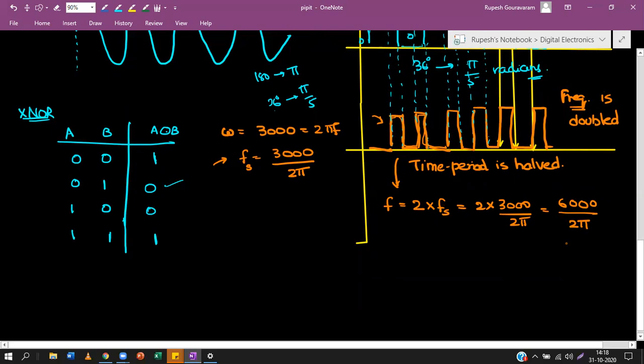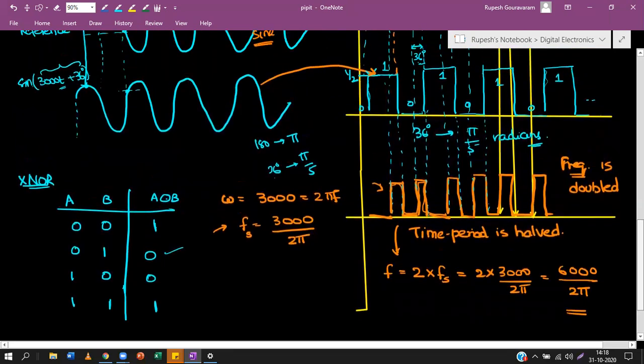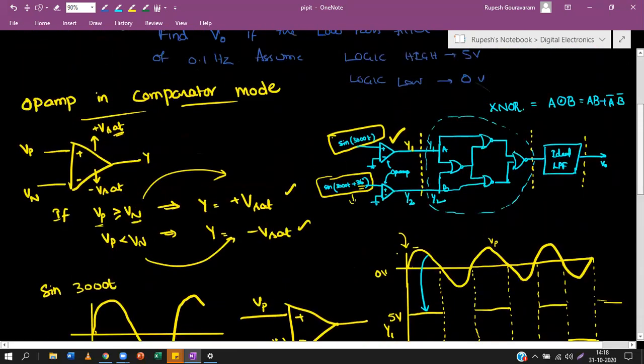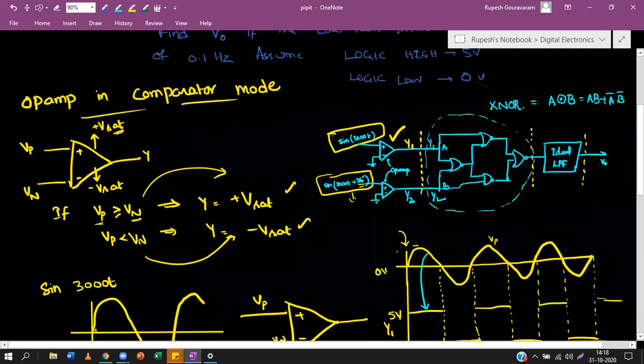So f value is 1000. Until now, whatever the output here, it is represented by the rectangular pulse whose frequency is 6000 by 2 pi, and it is passed through an ideal low pass filter.